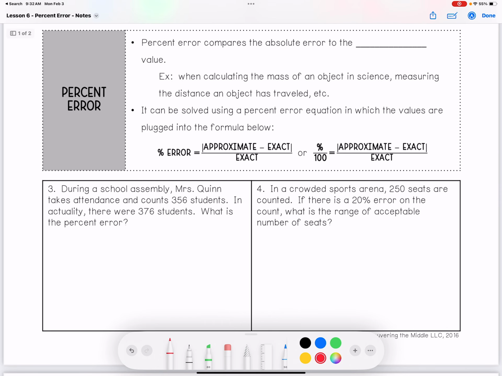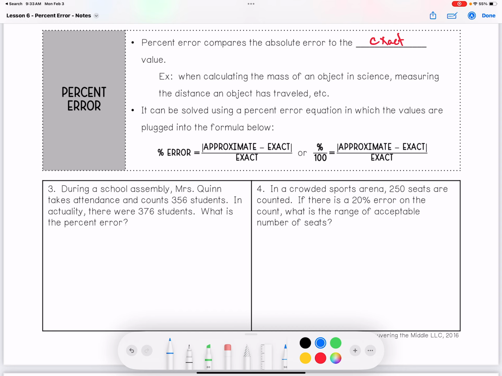Number 3. The notes. Percent error compares the absolute error to the exact. So when calculating the mass of an object in science, measuring the distance an object has traveled, those are the things we're talking about. This is going to be used in science.